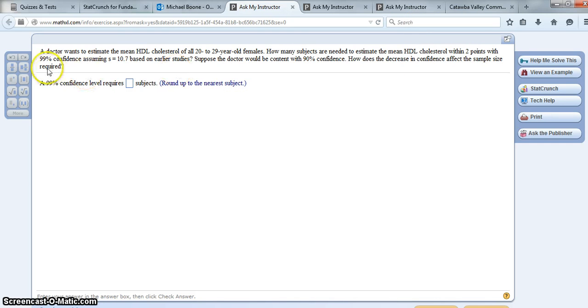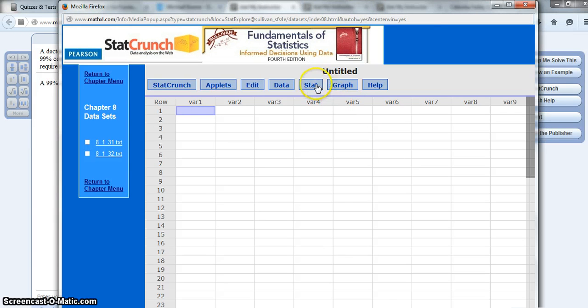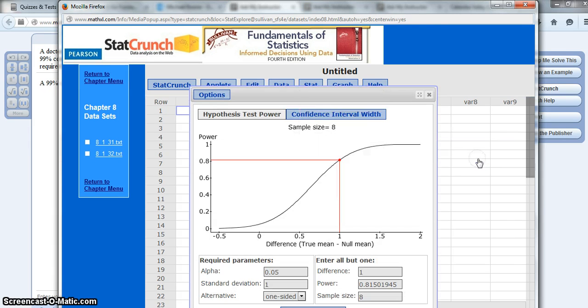We know that we want to be 99% confident. Oh, we're doing 99% first. Our standard deviation was 10.7, within 2 points. So if we go to StatCrunch again, this one would be a t-stat, one sample, and then sample size.